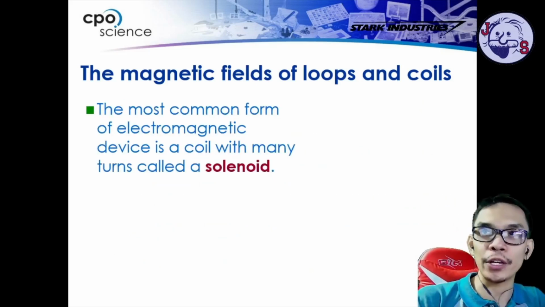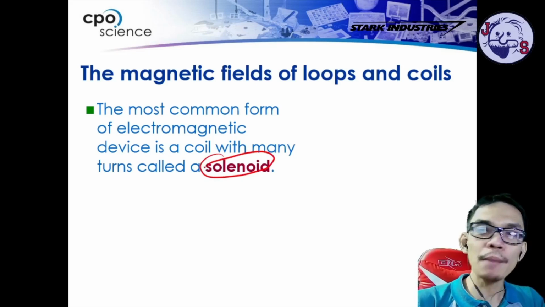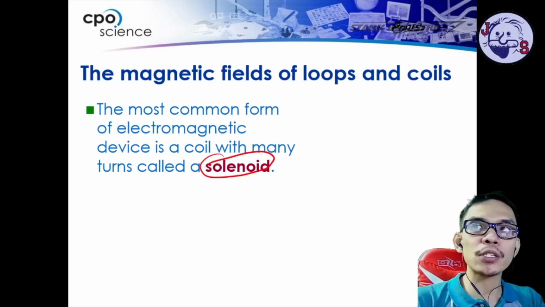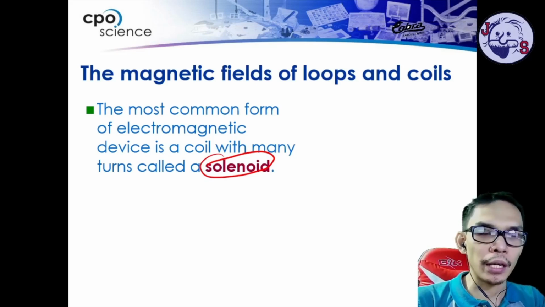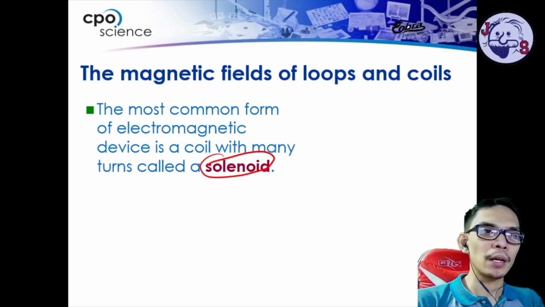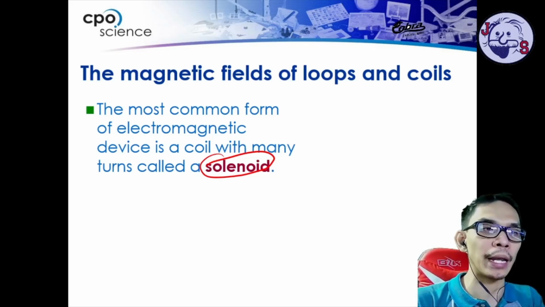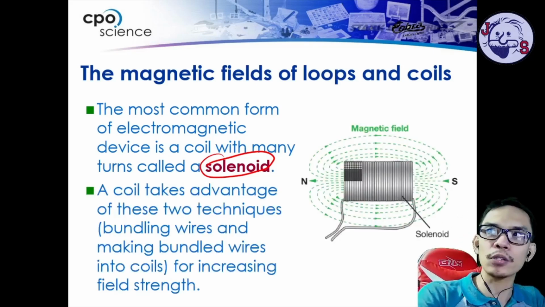What do you call that particular wire? We call it a solenoid. Most of the electric motors that are made today contain a solenoid inside their mechanism. That is very important in the makings of your electric motor. So what does it look like? It looks like this.